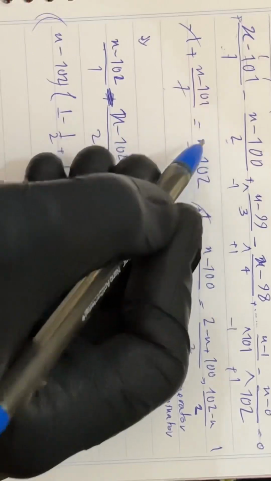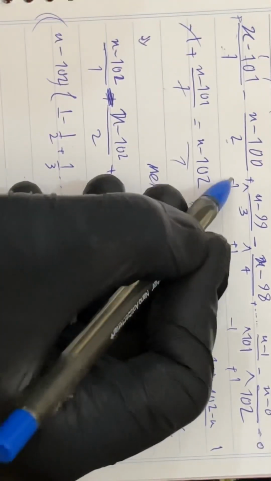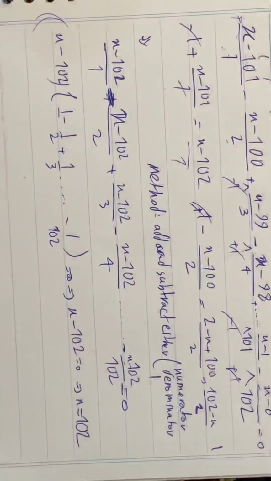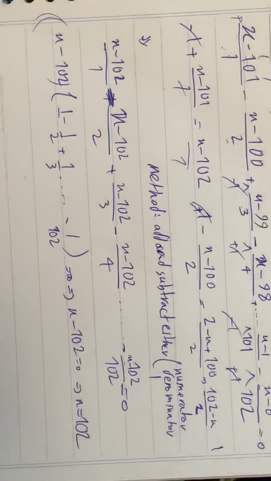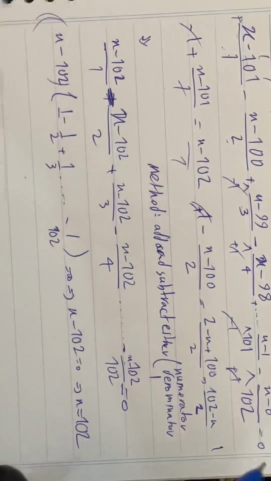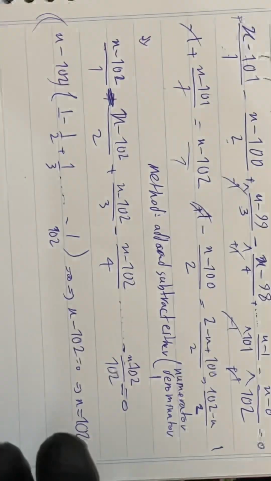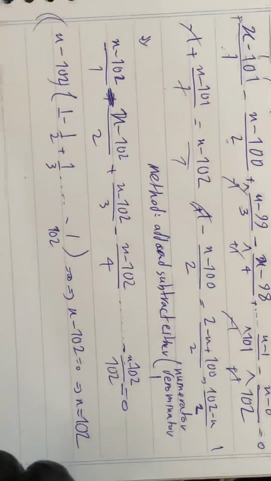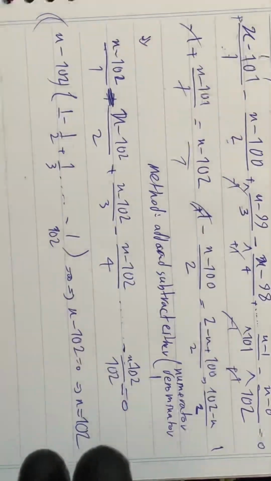This is simple logic: all the ones will simplify. We didn't even act on them. We just added or subtracted ones to make it something that could be worked with. So that was the method.